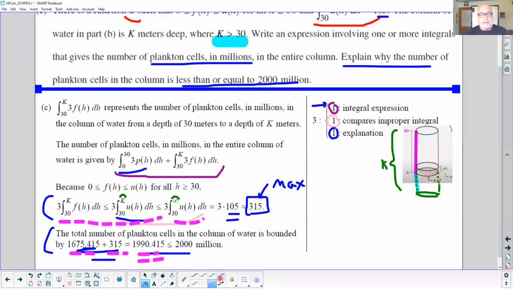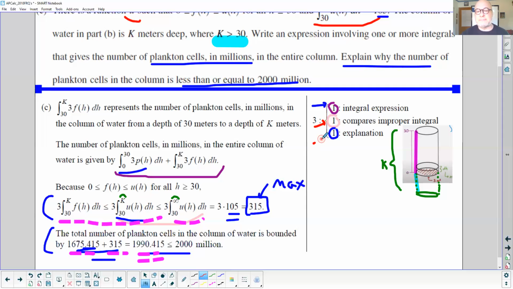So how do you get these last few points? Well, that's the challenging part of these two. You need to have some sort of inequality comparison, or you could use words, but it's so much easier to compare this with integral ideas like this.